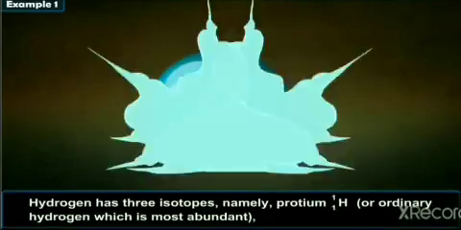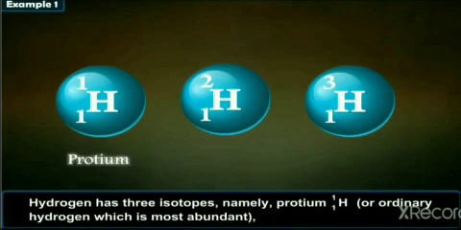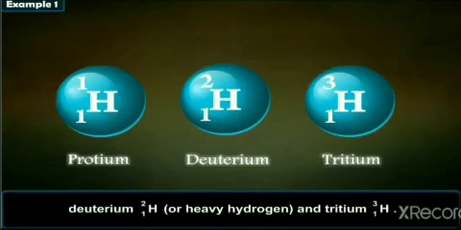Examples. 1. Hydrogen has 3 isotopes, namely protium, H with mass number 1 and atomic number 1, or ordinary hydrogen, which is most abundant, deuterium, H with mass number 2 and atomic number 1, or heavy hydrogen, and tritium, H with mass number 3 and atomic number 1.